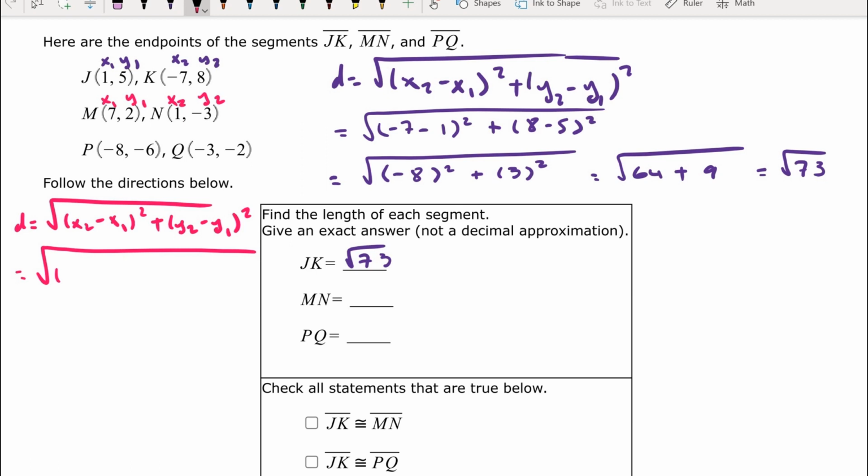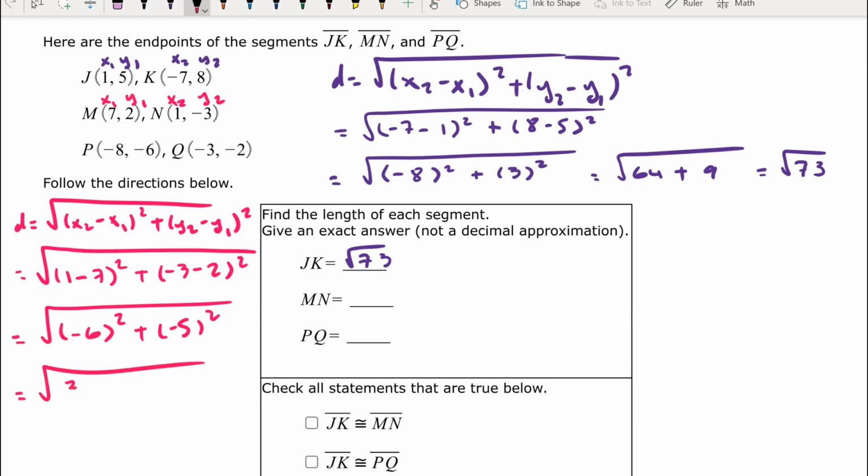So that will be 1 minus 7 squared plus y2, which is negative 3 minus 2 squared. 1 minus 7 is negative 6 squared plus negative 5 squared. Negative 6 squared is positive 36 and negative 5 squared is positive 25. We're going to add them up. That will give you 61. Square root of 61.